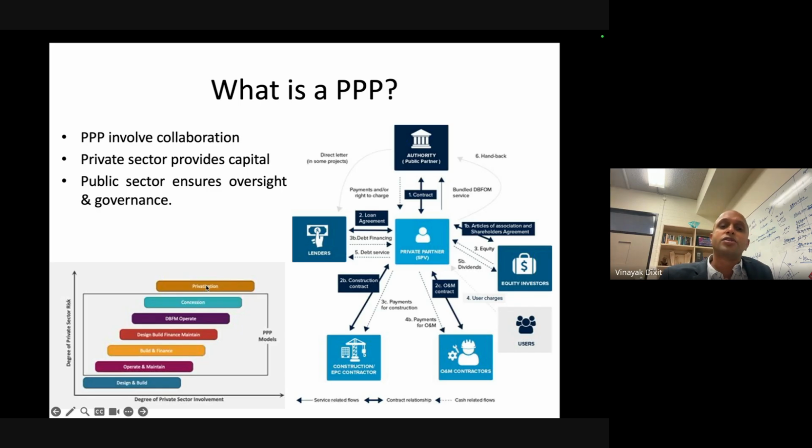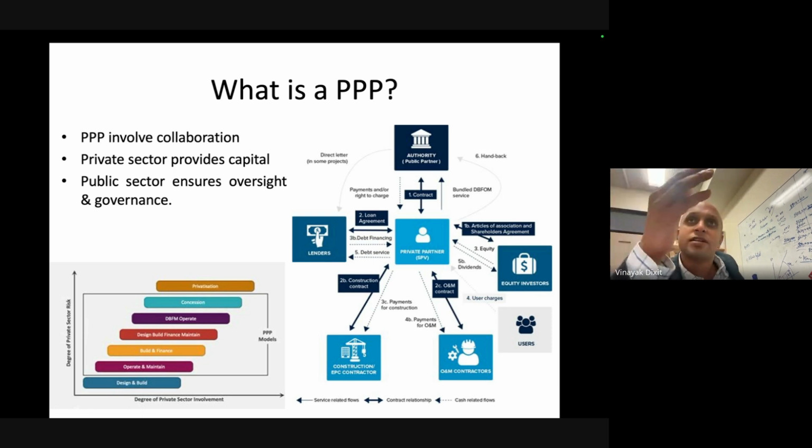There's another model which is called privatization. So when the infrastructure is privatized, right? A good example of privatization was the spectrum sale, when the government of India sold off telecom spectrum, like 2G, 3G, 4G, 5G. The government did a bid and they privatized it.